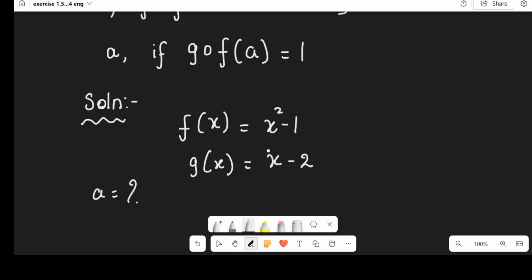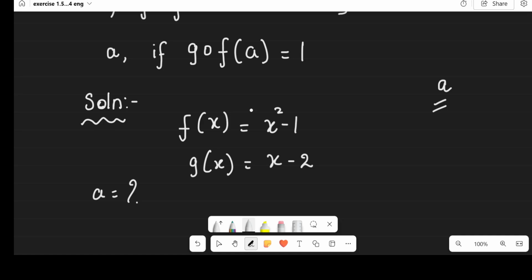From this given information, how can we find out the value of a? Here x is given, everything is x. a is not present, right? So here, in place of x, we can substitute any letter, like a, b, c, x, y, and z.